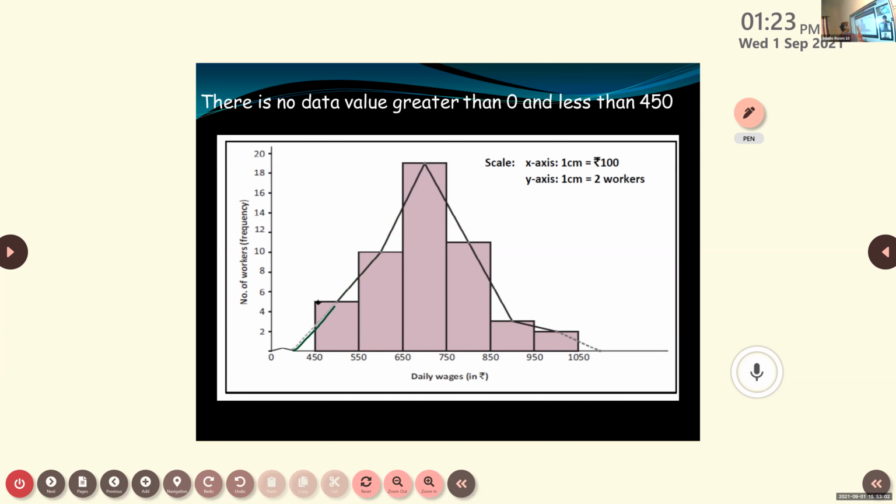The only difference is the same way, but the frequency polygon will be joined with straight lines. The other one will be joined with a smooth freehand drawing, and that we will call the frequency curve. This is the difference. Sanam, understood? Okay.